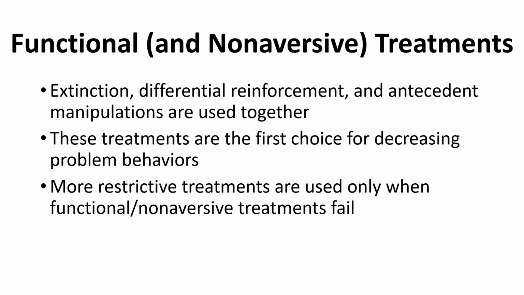We only switch over to those more intensive or restrictive types of treatments if these functional non-aversive treatments are either unsuccessful or if we can't employ them for whatever reason. There are certain situations where it just isn't viable to use these options, but whenever possible, you want to start here.